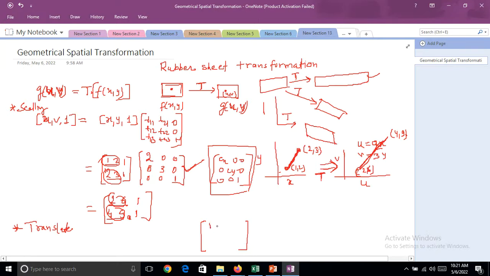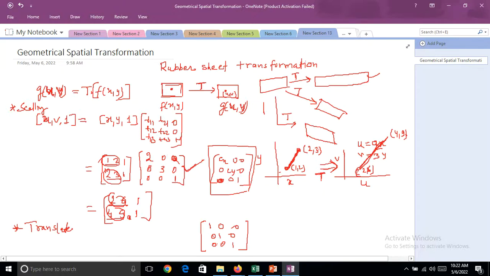So first you take identity matrix like this, and here, okay, because once you multiply here, first row, first column, so third column value is the constant term, and here last row value is the constant term.